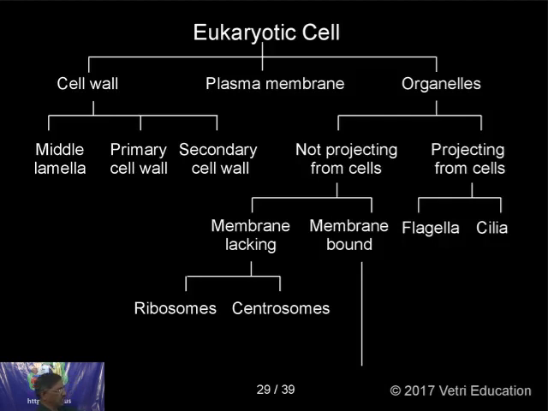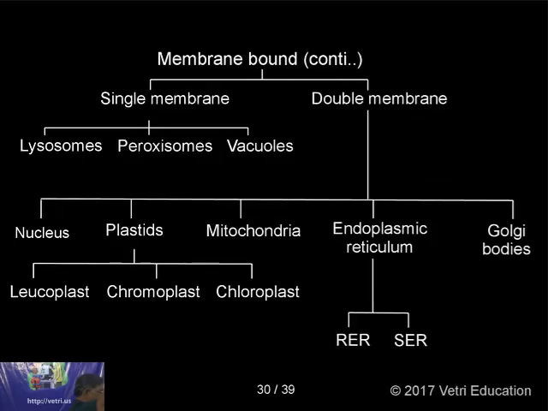And next you see the membrane bound structures. What are the membrane bound structures present in the cell? Regarding these membrane bound structures, some are single membrane, some are double membrane. You have to remember the single membrane structures. Generally questions are asked on what are single membrane structures, or you may be asked one of the following organelles is not having double membranes, like that.